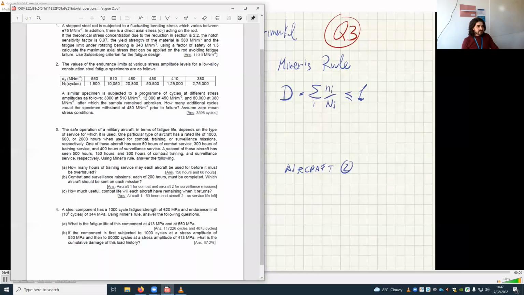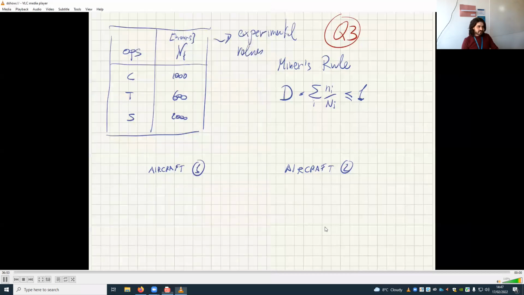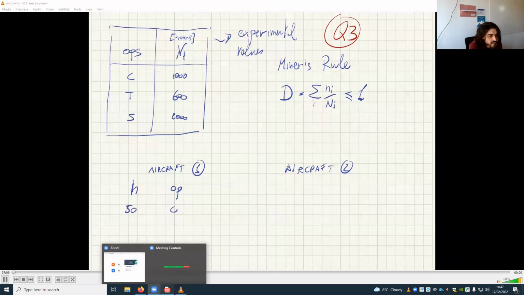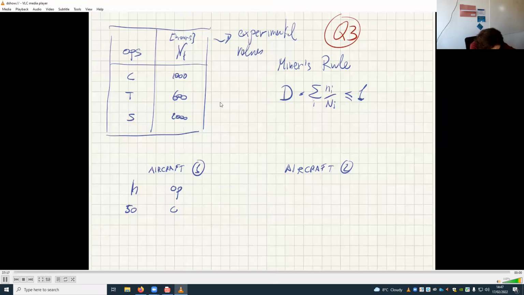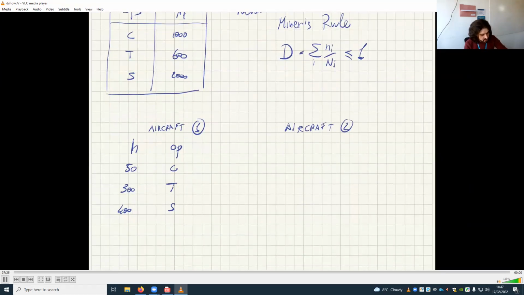Aircraft 1 has done 50 hours of combat, 300 hours of training and 400 hours of surveillance. Okay, so this is the log for aircraft 1.